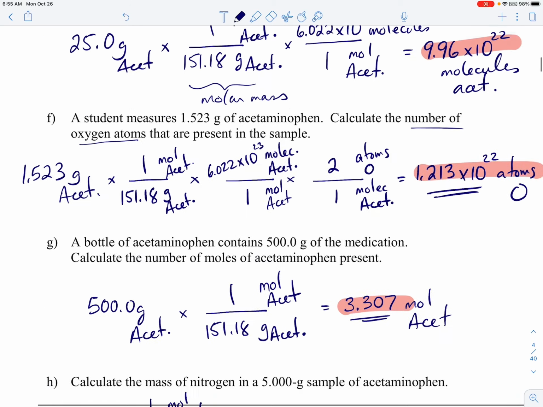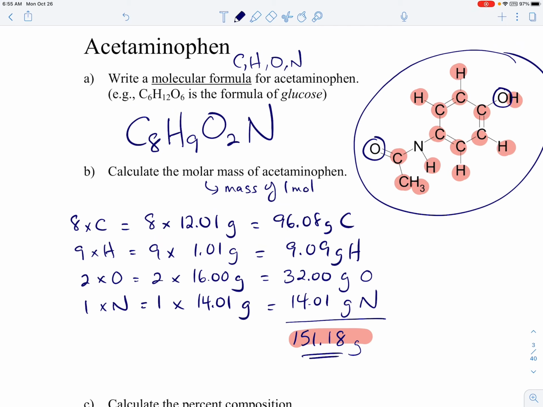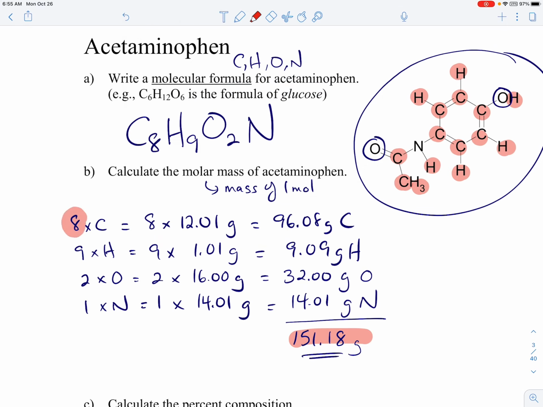Well, looking back at the chemical formula, you might remember when I was calculating the molar mass, I kept saying things like this. I said that there are 8 moles of carbon in 1 mole of acetaminophen, and that's why we wrote 8 times carbon's molar mass. We said there were 9 moles of hydrogen in 1 mole of acetaminophen, so 9 times 1.01.